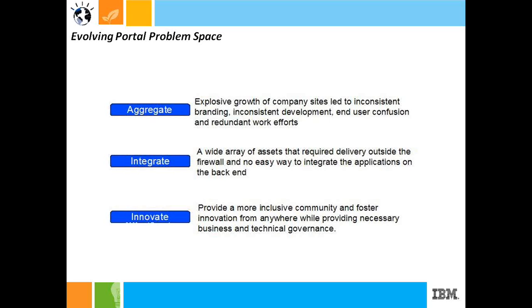Okay, I have a single organization and there are 15 business units and each of them has a different branding style, which does not adhere to the corporate style. So inconsistent development, no standards being followed. Now if I want to integrate a wide array of assets that require delivery outside the firewall, how do I do that?